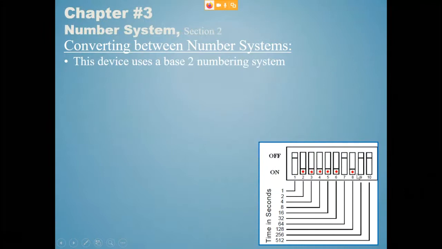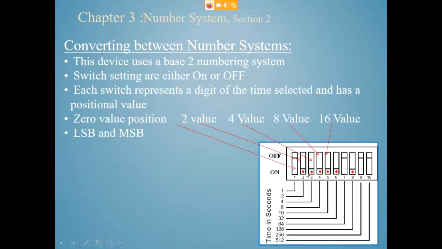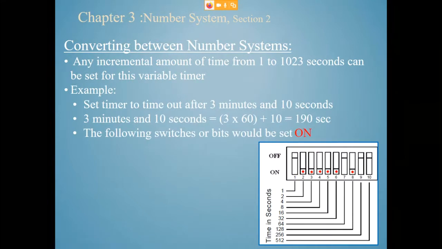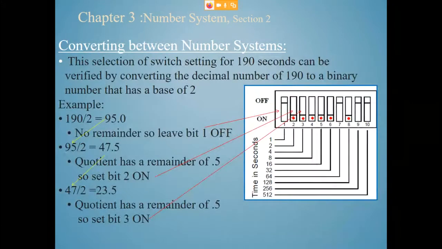So here's just trying to show you the dip switches. And so if you look at this, the red dots indicate that those switches are turned on. And so you can see which ones are turned on here. And then you can calculate how long this timer takes to expire. And so you add these values up.